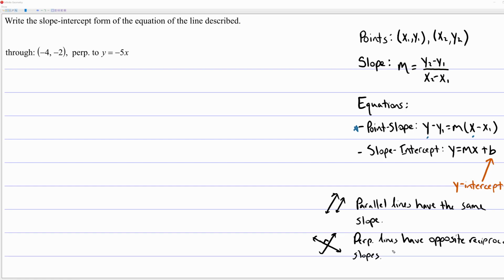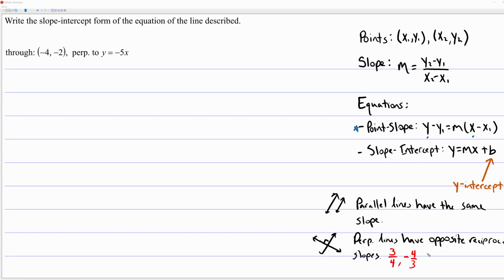If one line had a slope of, let's say, 3/4, the opposite reciprocal: well, this number is positive, so an opposite sign is negative, and reciprocal is when you turn a fraction upside down. So if two lines had these slopes, they would be perpendicular to each other.